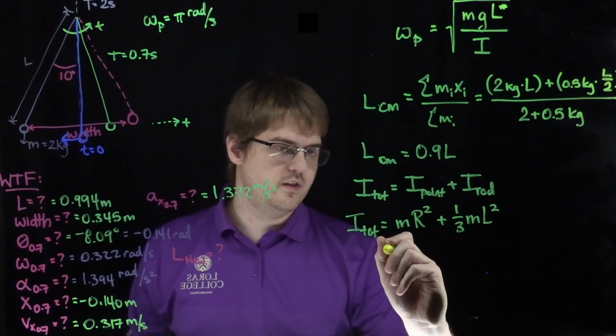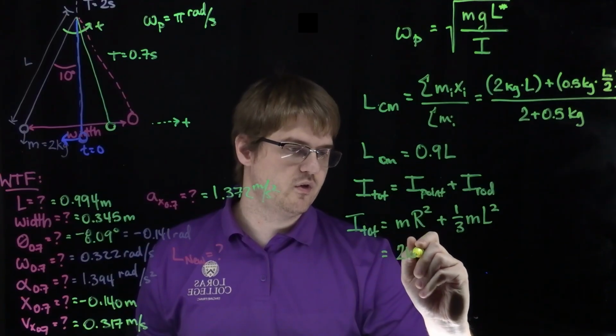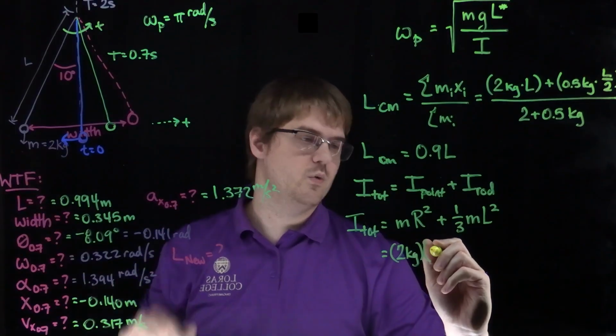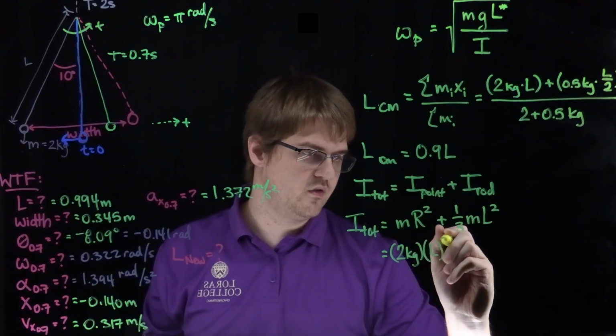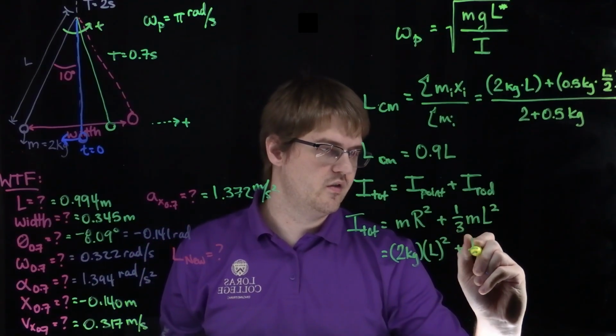So filling things in here, we have the mass of 2 kilograms times the radius to here, which is L, plus 1/3.